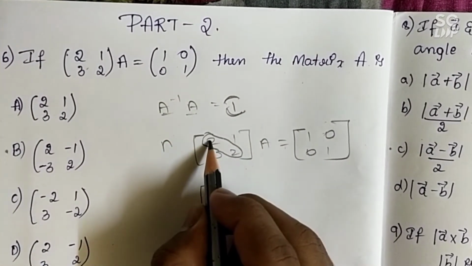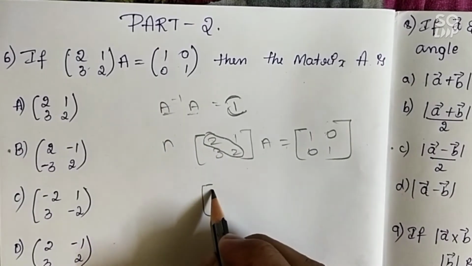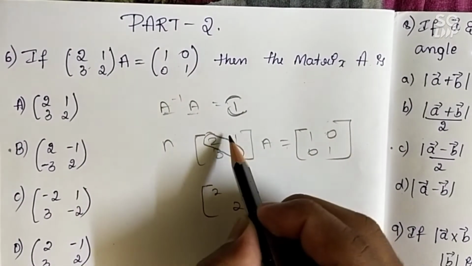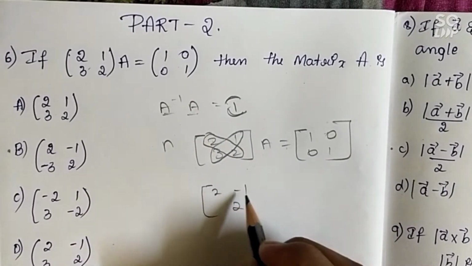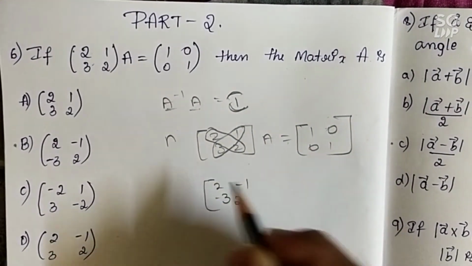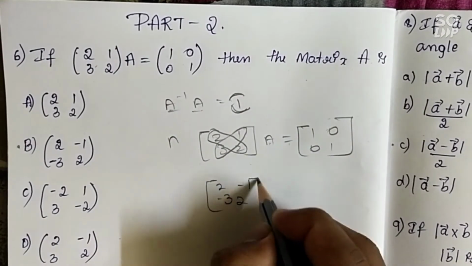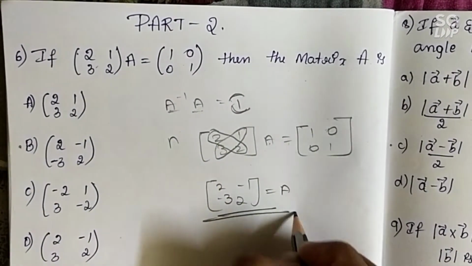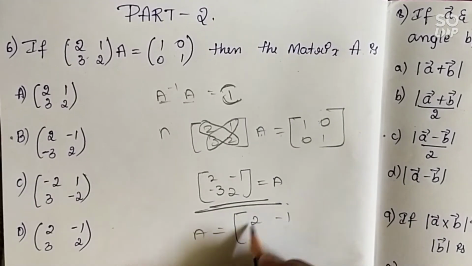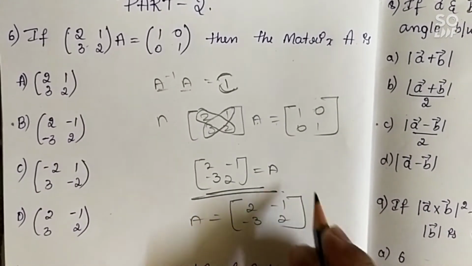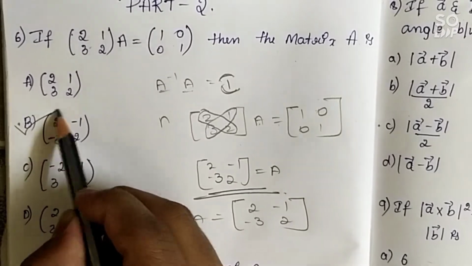So these two are 2 and 2, so there is no change, and we should change the sign of the non-diagonal elements, that is -1 and -3. So this becomes A. A is equal to 2 -1 -3 2. This is in the second option.